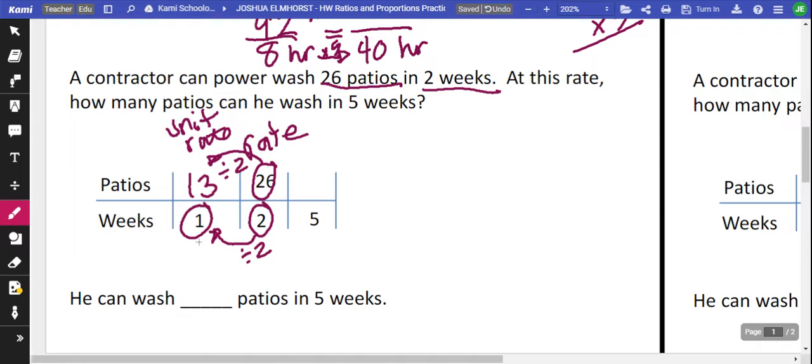So using the unit rate, I'm going to go back around to 5. 1 times 5 is 5. So 13 times 5 would tell us how many patios in 5 weeks.